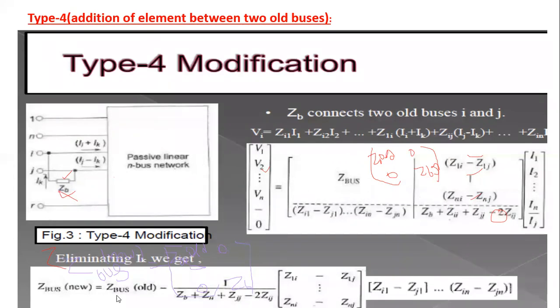Okay, that is Z bus new is equal to Z bus old minus 1 by (ZB plus Zii plus Zjj minus 2Zij) into the column Z1i minus Z1j, Zni minus Znj. Similarly, we can multiply this with the row and the column. Okay, this will be understood when we are solving the problem related to the Z bus building algorithm.